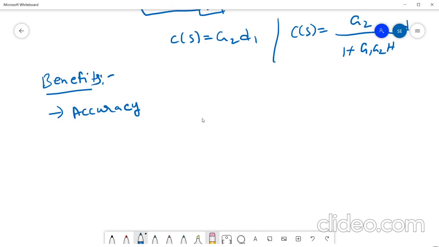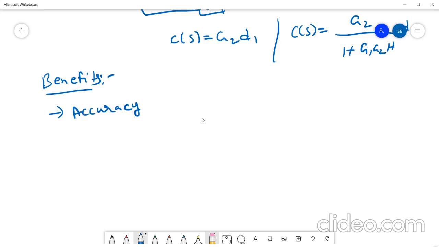The closed loop system can be designed to drive the process output such that this error can be negligible, or we can make it zero. We have to either reduce it or make it zero, so that your accuracy can be improved. By introducing feedback to the loop, we can increase the accuracy, so that your feedback gain can compensate your process output, right?